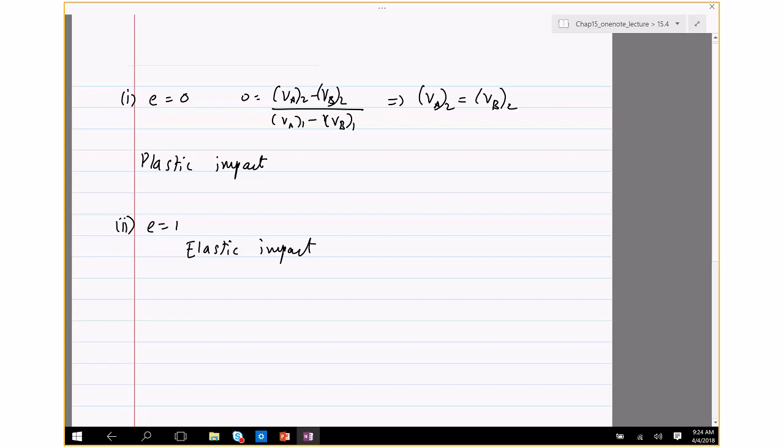If I drop a perfectly elastic ball from a height h, then after the bounce it will come back to height h.